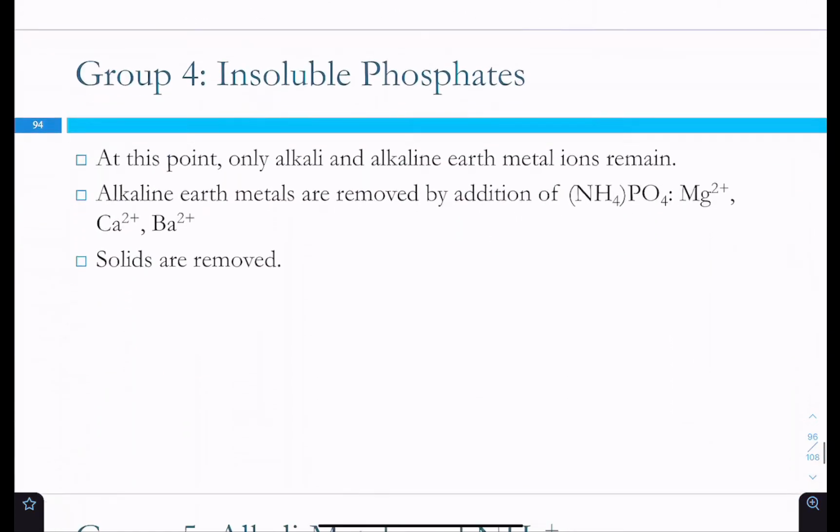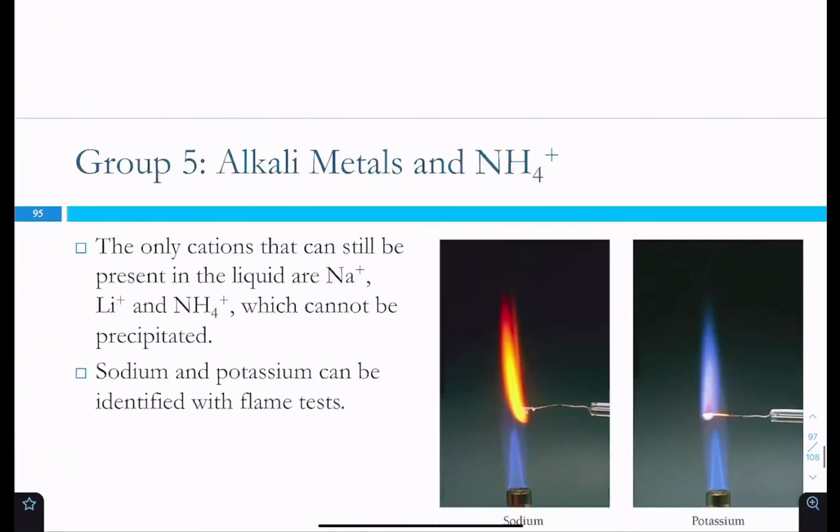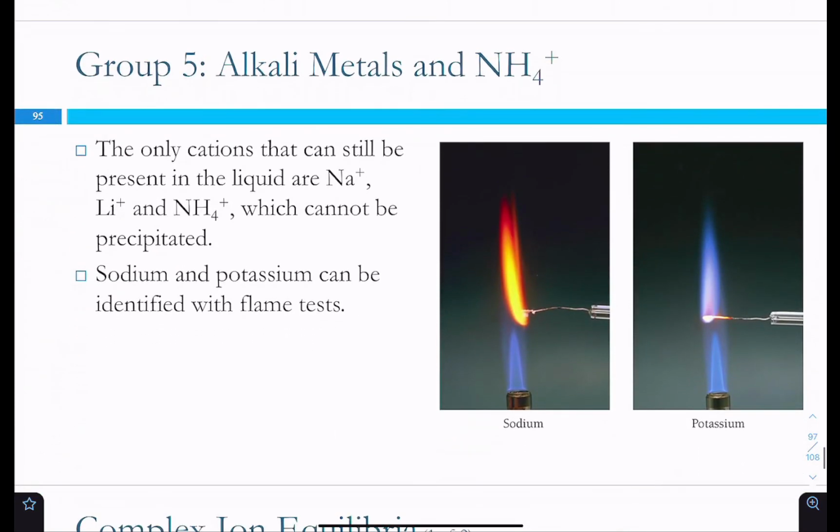Then moving on to group 4, now you've got only alkali and alkaline earth metal ions. So you should have removed everything else. And then you can add phosphate, and that ammonium phosphate will remove your magnesium, calcium, and barium. Then finally, we're left with those somewhat awkward ions of sodium, lithium, and ammonium, which don't form any solids at all.